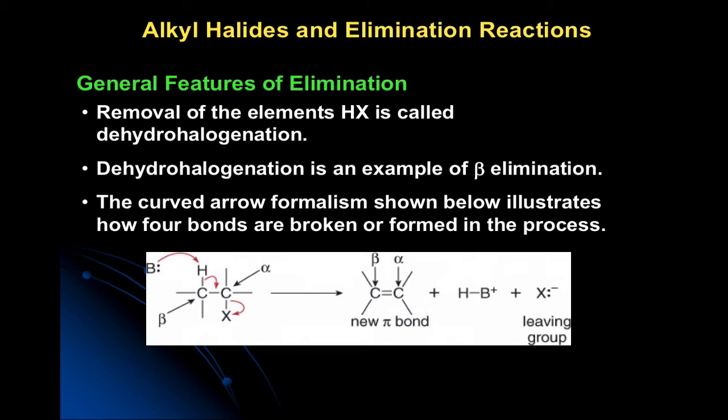So if we're just focusing on the alpha carbon, what's the nucleophile that's making this leaving group leave? It's not the base. The base isn't attacking the carbon. What's attacking that carbon? Not the hydrogen itself, but the electrons in that bond, right? And those electrons really need to come in from the back side, right? And why does that make sense, other than the fact that it kind of looks like an SN2 reaction? Why is it that an SN2 reaction had to have the nucleophile coming in from the back side?